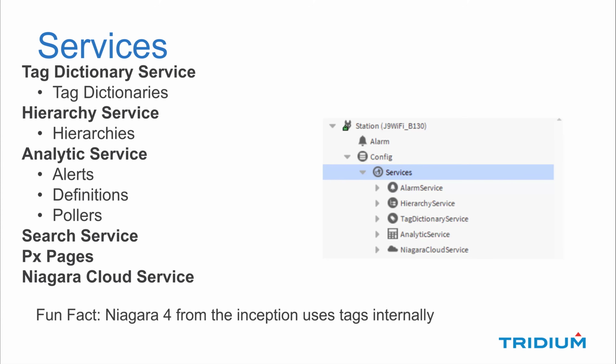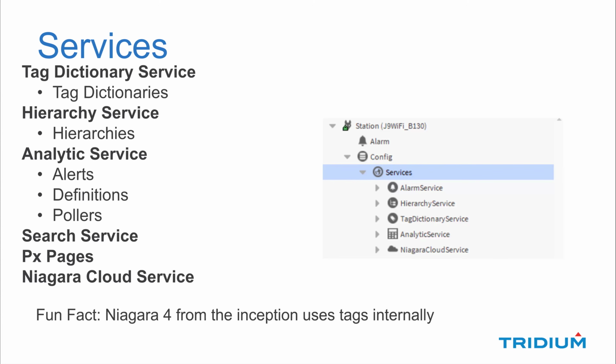And then I've actually created a couple of my own tag dictionaries where I will talk about tag rules. So keep in mind that Niagara is extremely flexible. As somebody comes up with a new ontology, we just need to look at that ontology, understand what it's doing, and then we can create a tag dictionary that's associated with that ontology. So it's extremely flexible, and we can add these in as they are created in the industry.